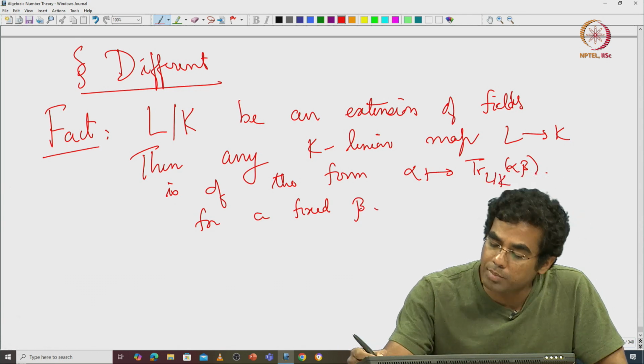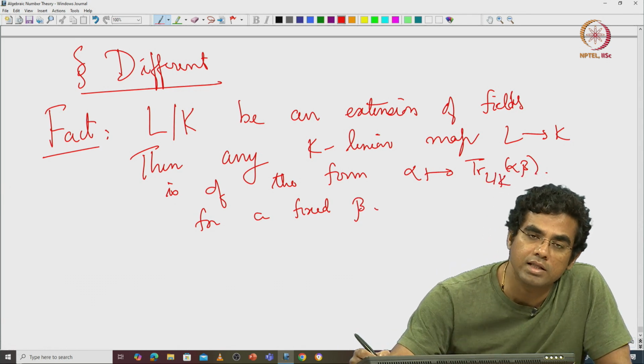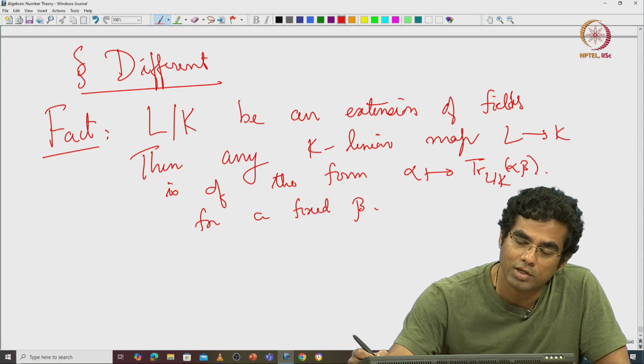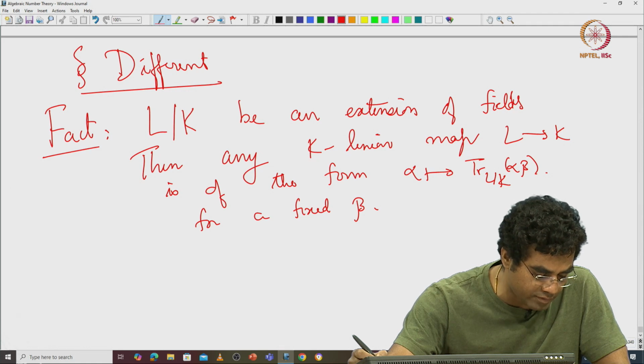So, if you fix a beta and take a map like this, it is clear that it is a K-linear map, but the converse is also true. Any K-linear map is of this form.